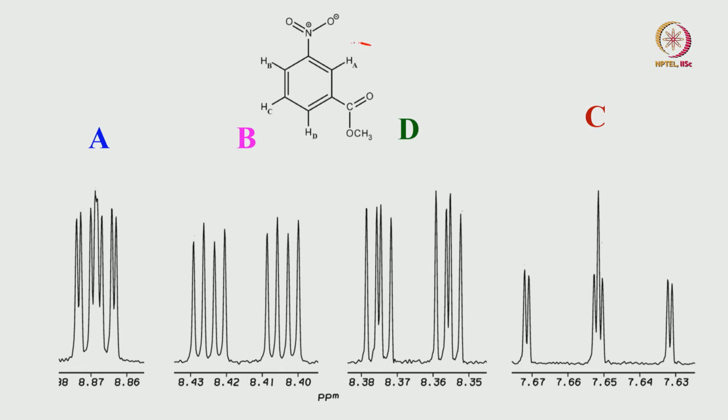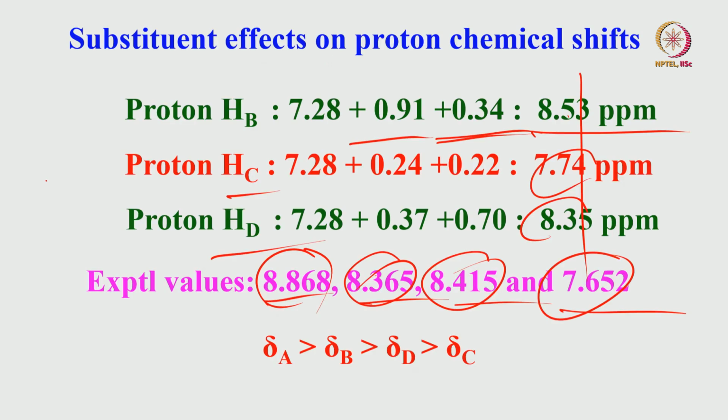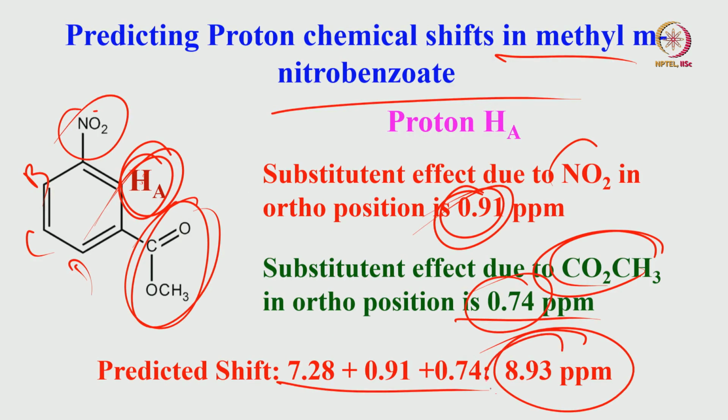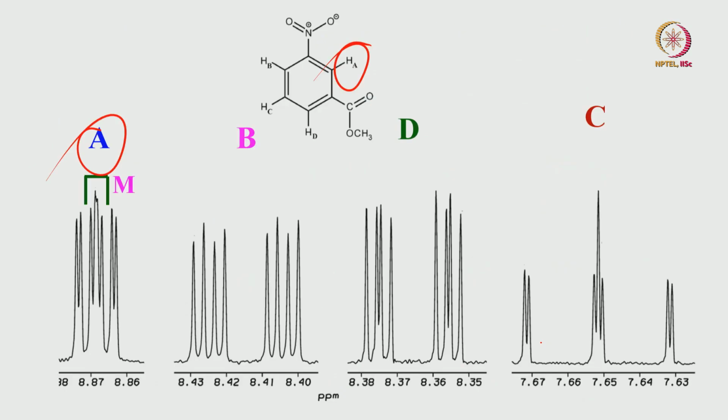Now, proton A, if I consider, this is proton A, based on my chemical shift. Proton A is the one which comes at the lowest field, 8.93. Based on that, I made an assignment. This is A, B, C and D. This is A and D, based on the predicted value. Let us see whether my predicted value agrees with the splitting pattern or not. Okay.